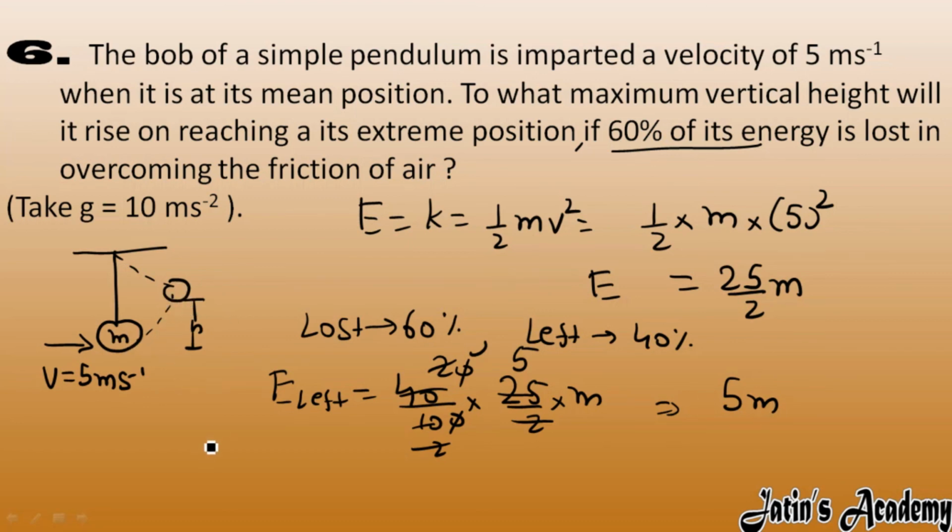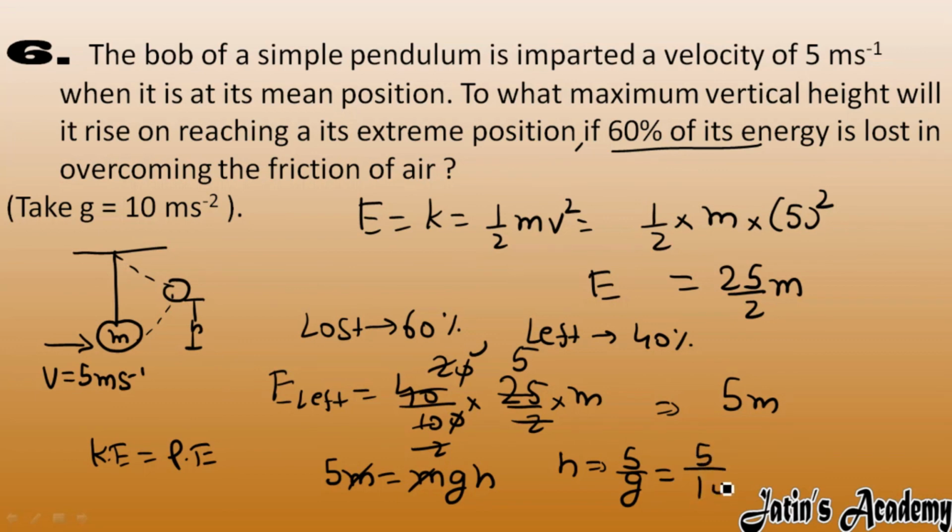So according to conservation of energy, kinetic energy at mean position is equal to potential energy at extreme position. Kinetic energy we have 5 m, and potential energy formula we have mgh, because we have to calculate the value of height. Okay, so m and m cancel out, and here h we got as 5 by g, value is given as 10, so that we got as 0.5 meter.